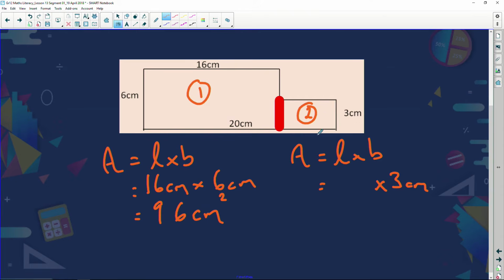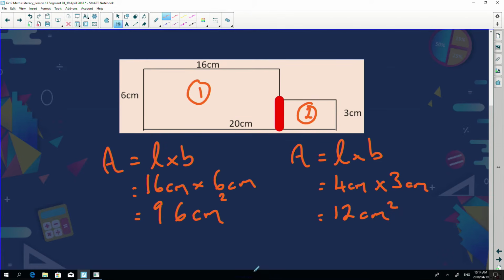Can we see that? This line is 16 centimeters. So if this part's 16 over here, and the whole thing's 20, that must be 4 centimeters. So I've now got 4 centimeters. We multiply out. 4 times 3 is 12, and because it's area, it's centimeters squared. So what's the total area?